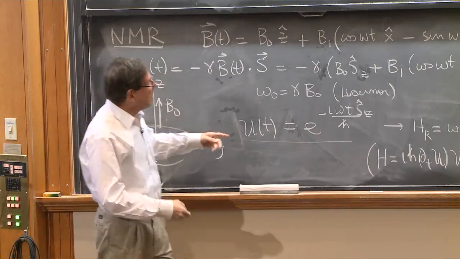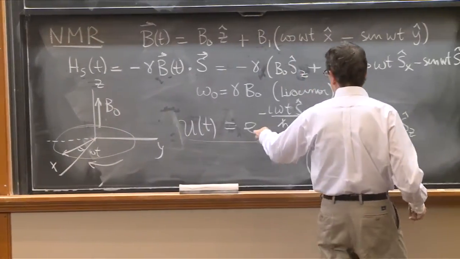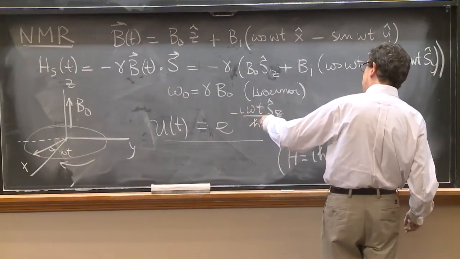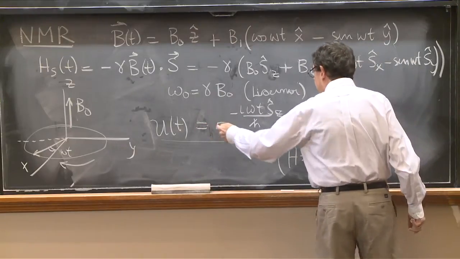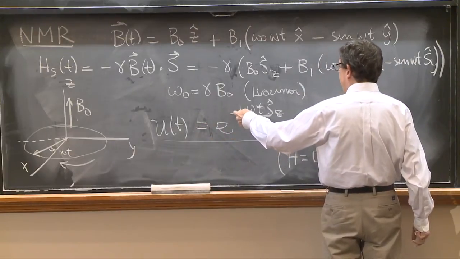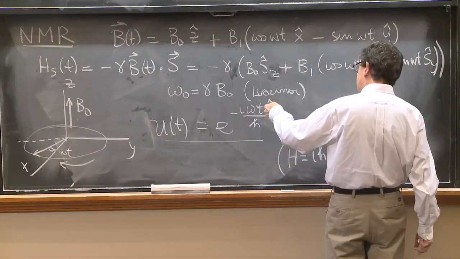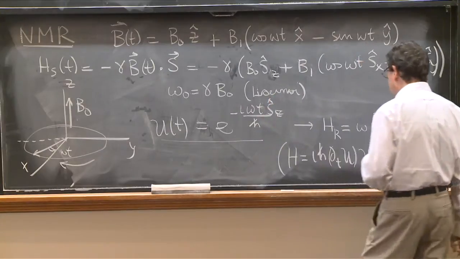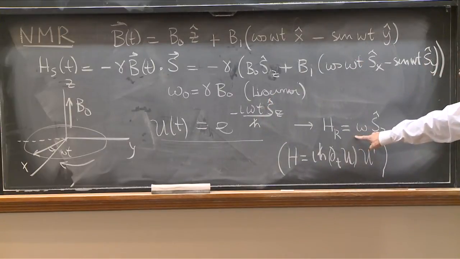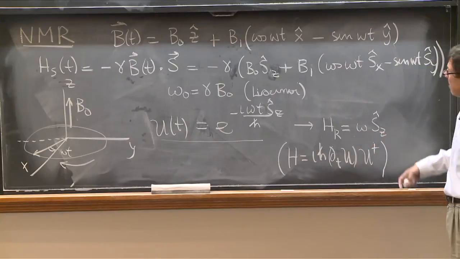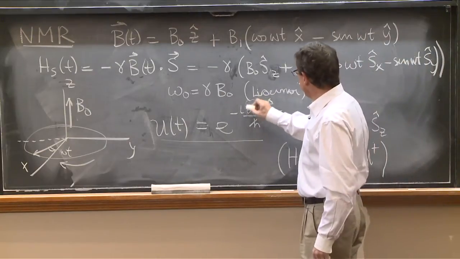So this U of t is the U of t that rotates states the way I want them in my rotating frame. Now, you remember, for time-independent systems, the unitary operator is e to the minus i H t over h bar. So you identify the Hamiltonian as omega Sz.